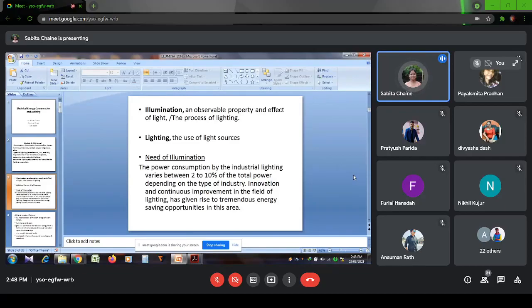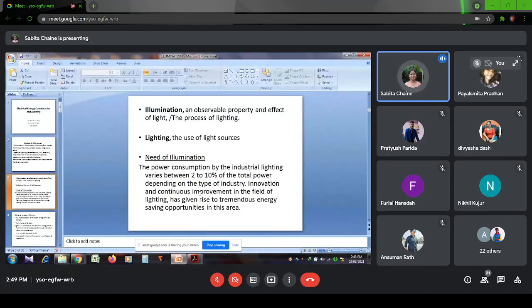If you use energy efficient lighting sources, the energy saving will be up to 10%. Power consumption by lighting is 2 to 10% of the total power, depending on the different types of lighting.